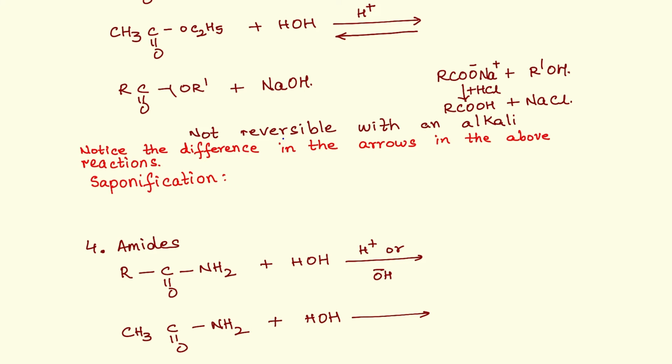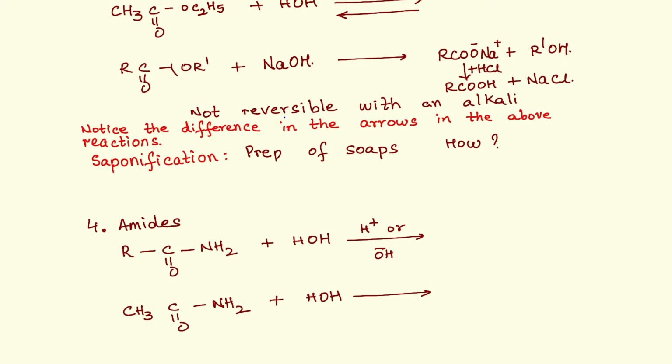This particular reaction is used for the preparation of soaps. How? You need to find it out for me and maybe put it in the comment section to know whether your answer is right.